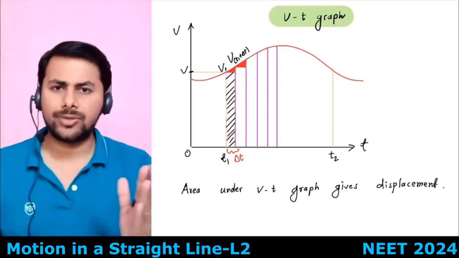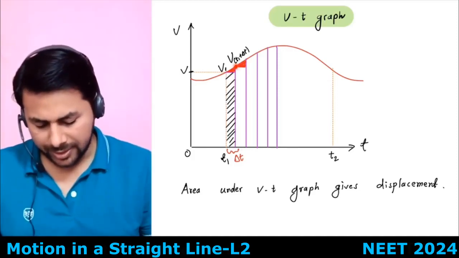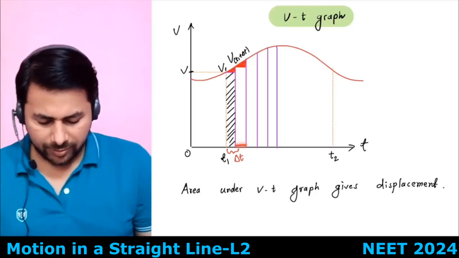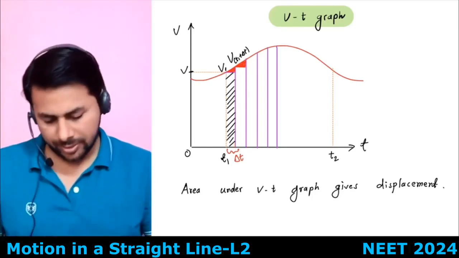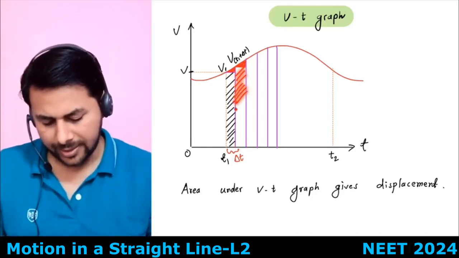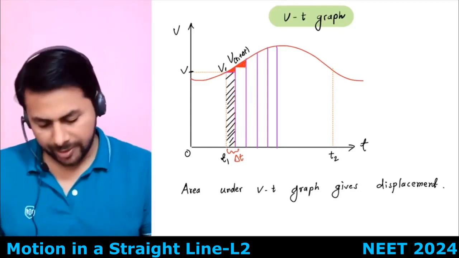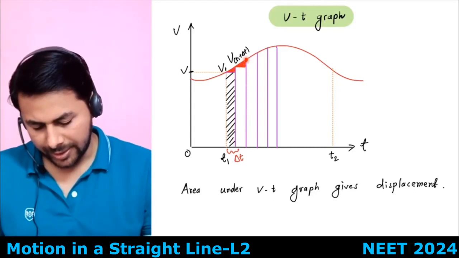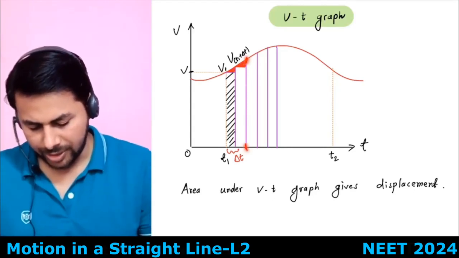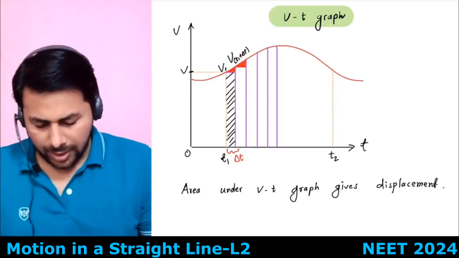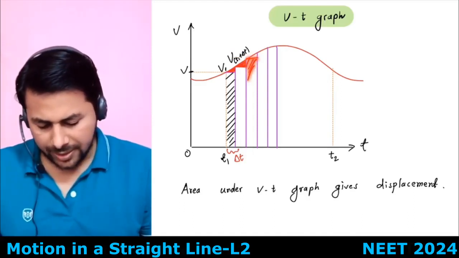Then I move to the next piece. I take the velocity at this time and multiply it with this time interval, so I get the area of the next rectangle. Again I do the same thing, and move on to the next piece. Again the velocity at this time is this much, so I take the area of this rectangle.